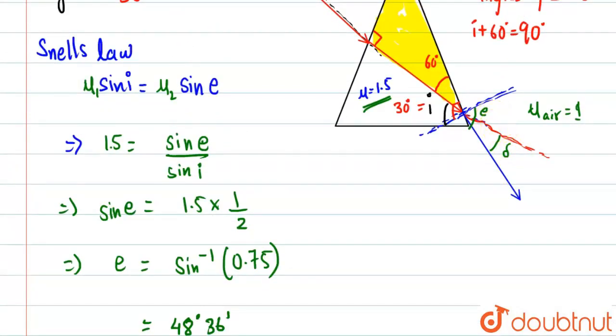Now we have to find the deviation angle. The deviation angle is the emergent angle minus this angle.